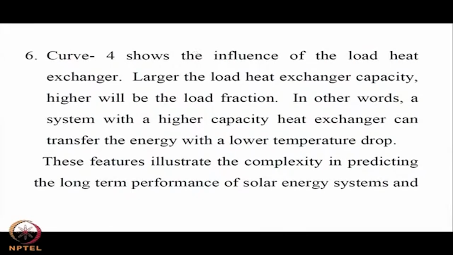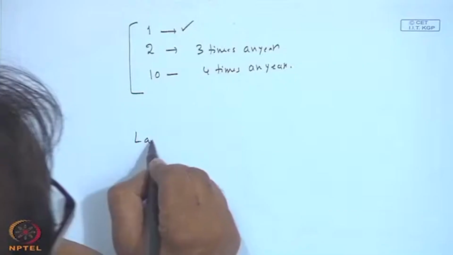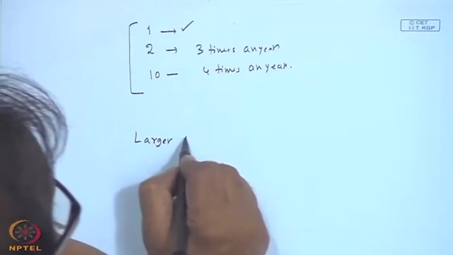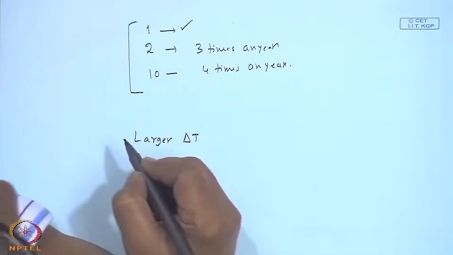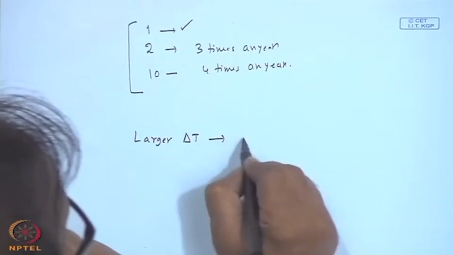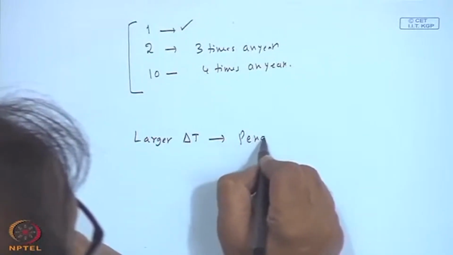So, is curve 4 a better heat exchanger or a worse heat exchanger? If the heat exchanger has a low effectiveness, it requires a larger delta T. Consequently, it is a penalty on the collector.